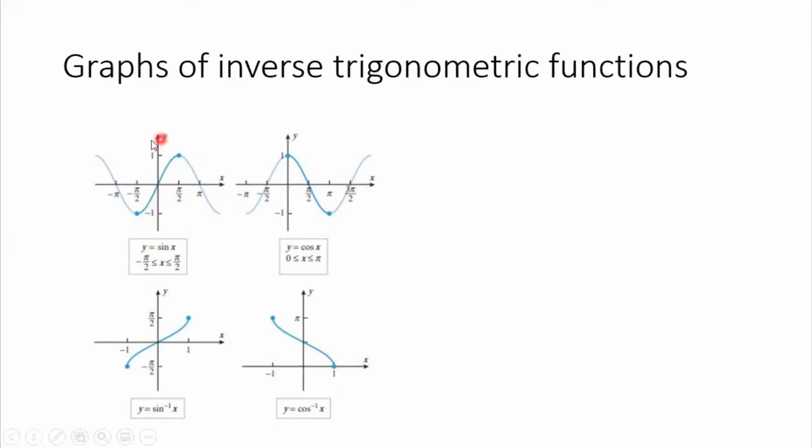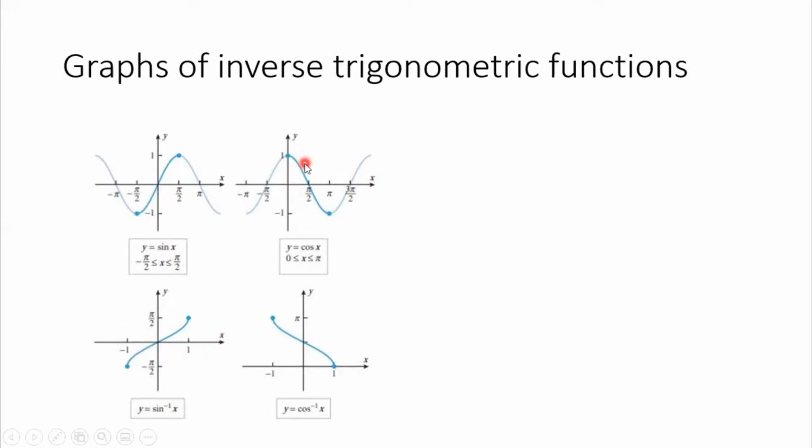Okay? So since the inverse, noted by sine inverse, we expect that the domain of this sine function becomes the range. Now, -π/2 to π/2 becomes the range of the sine inverse, and the range of the sine function becomes the domain of the sine inverse, -1 to 1.